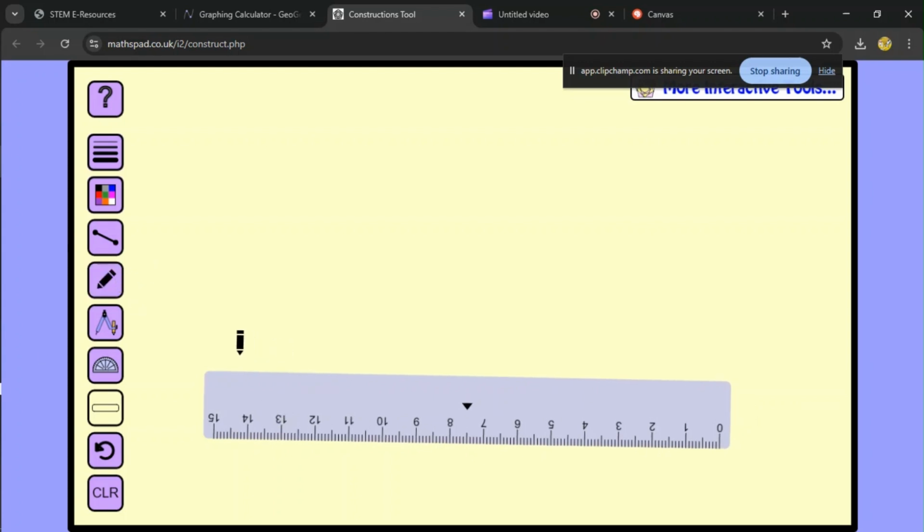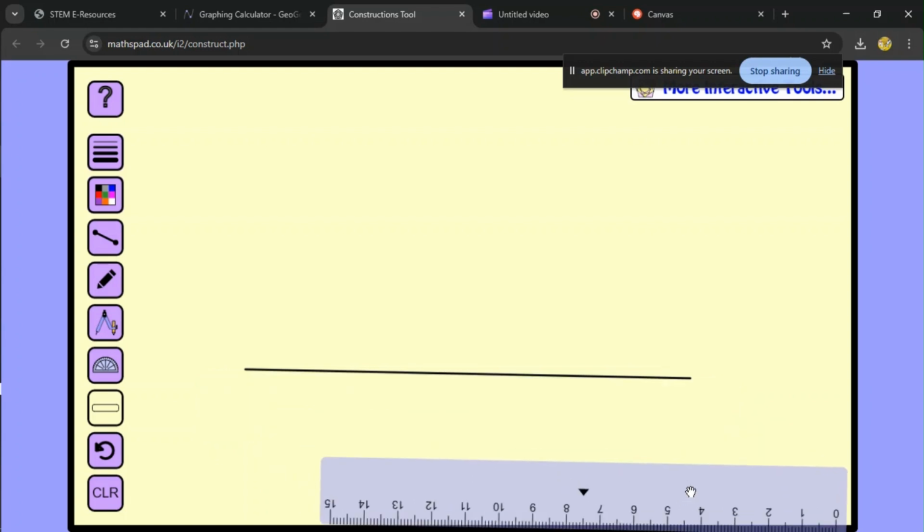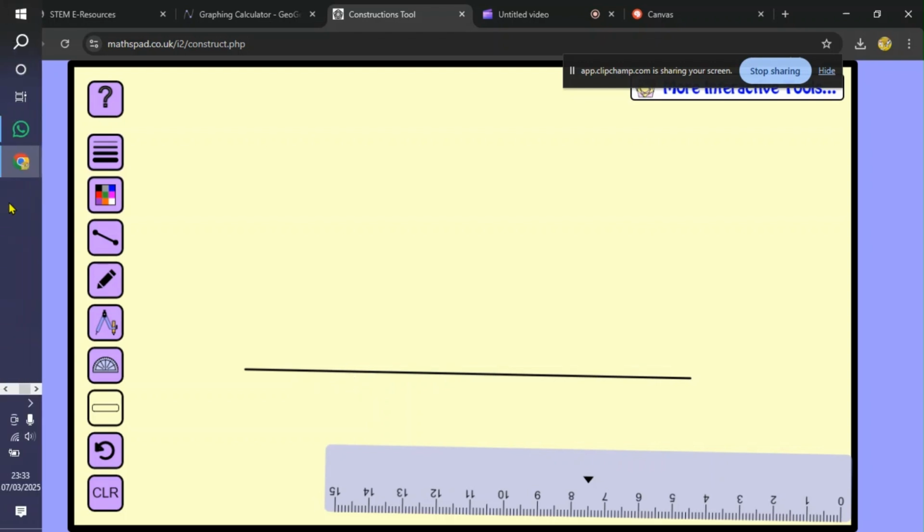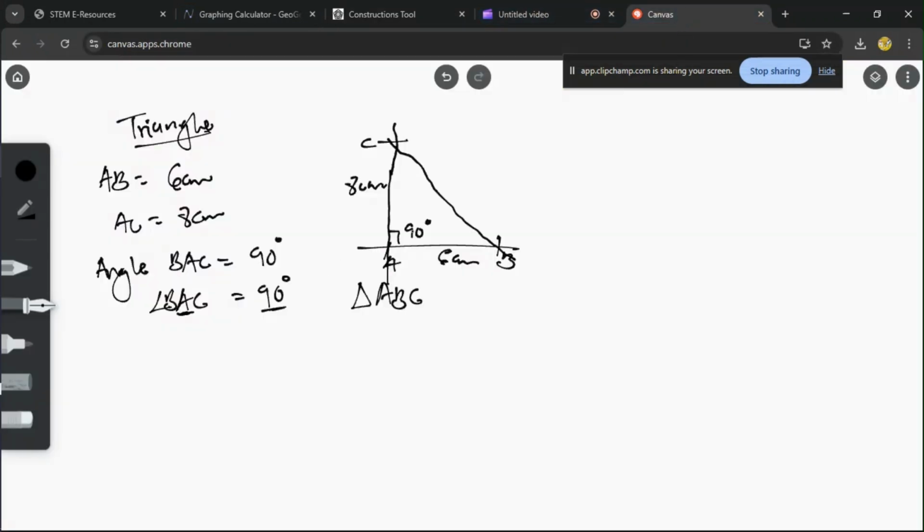Then I pick my pencil and I draw a straight line there, right? Then after doing that, I want A to lie somewhere here according to the sketch that I have. The sketch is here, and A is somewhere here.